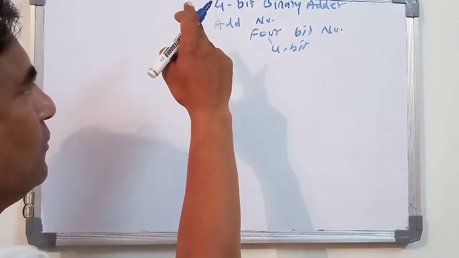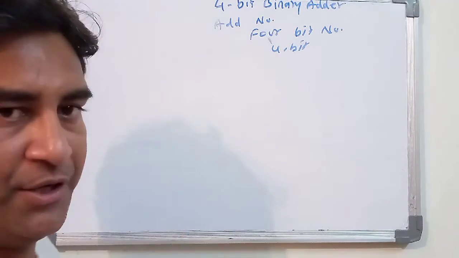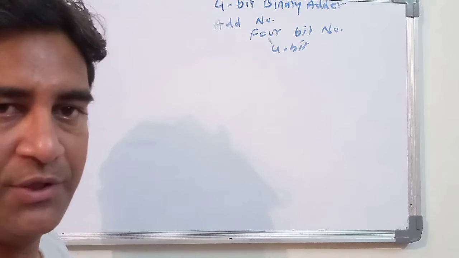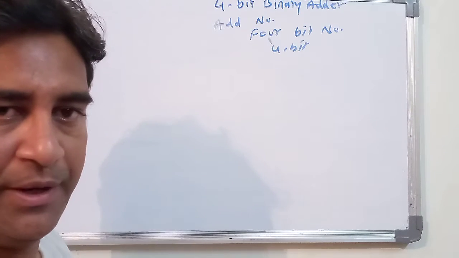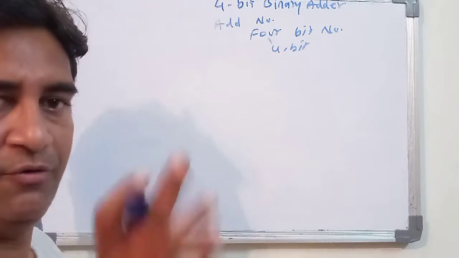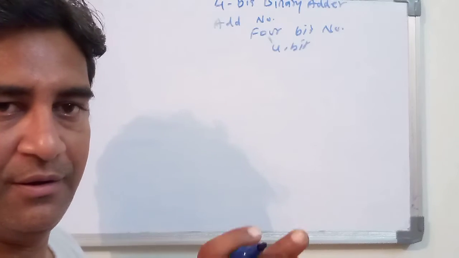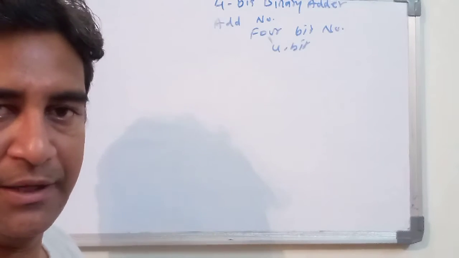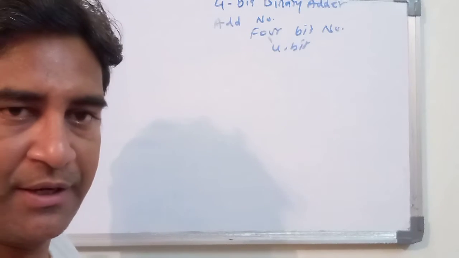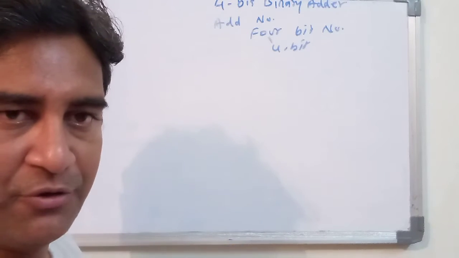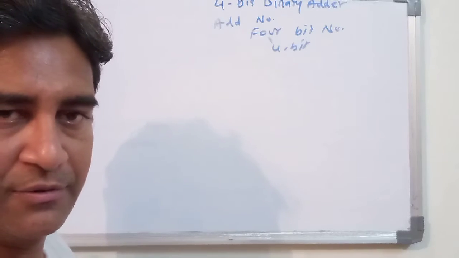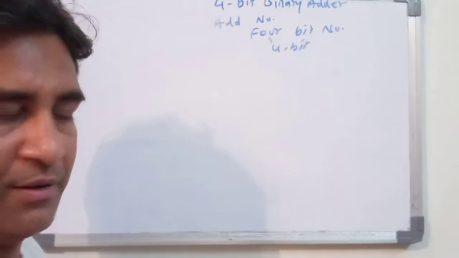Suppose you have any addition. What is our first requirement? Our first requirement should be the two numbers. Then you will be able to add those values and you will get a sum or a carry. Sometimes the sum is generated, sometimes the carry is generated, or the carry is not generated, depending upon the addition.